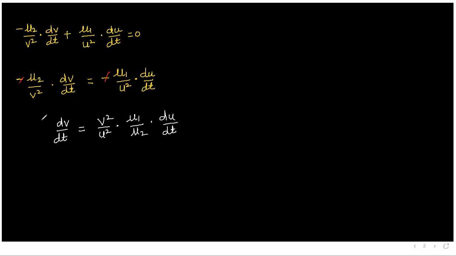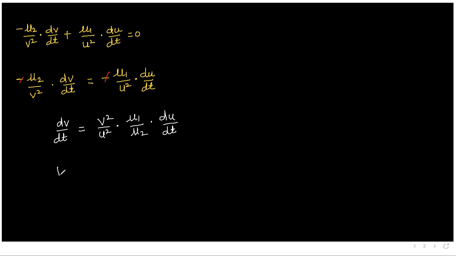Now dv by dt means the rate of change of image distance with respect to time. dv by dt is what? The rate of change of image distance with respect to time. du by dt is what? The rate of change of object distance with respect to time. So can I write here vo or vi? I should write vi because it is image distance that is changing.